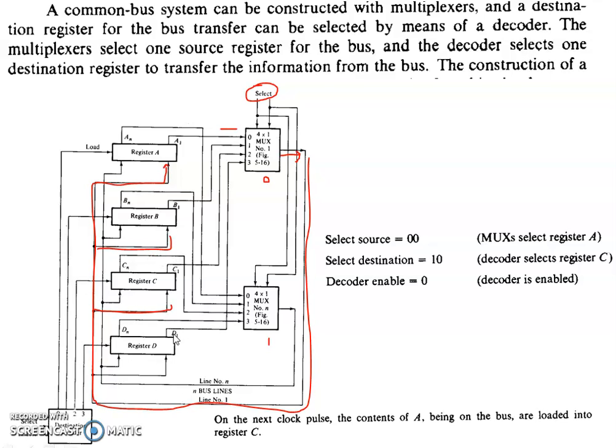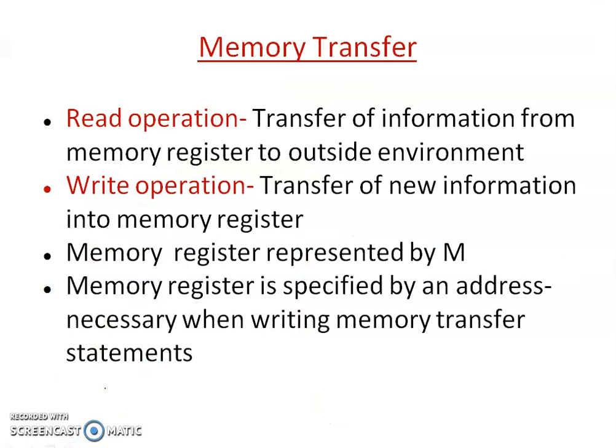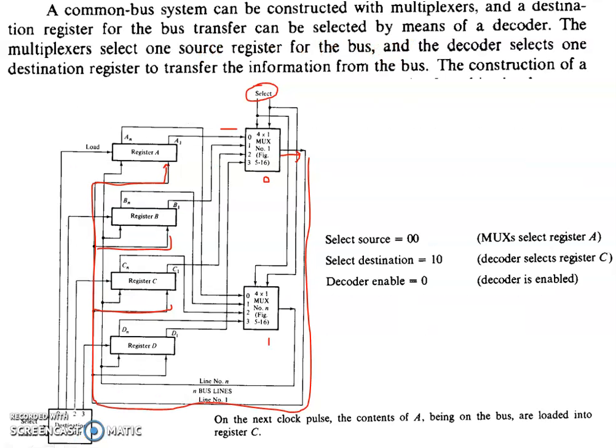Now the task is that this data needs to be loaded to some destination register. In order to load the data to the destination register, we make use of the destination decoder. Here again we have some select signals and then an enable.